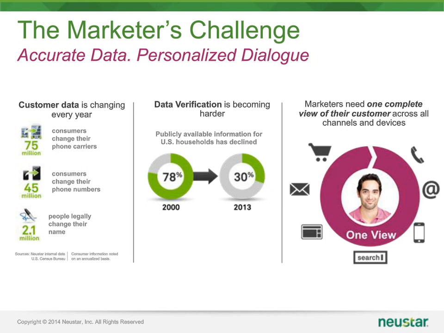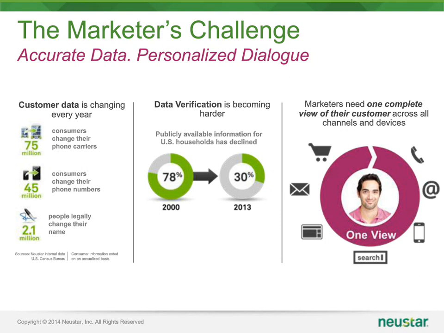Coupled with that is also the rapid change of consumer data that we see. For example, 75 million U.S. consumers change phone carriers on an annual basis, or 45 million people change phone numbers, and 2.1 million people change their names.